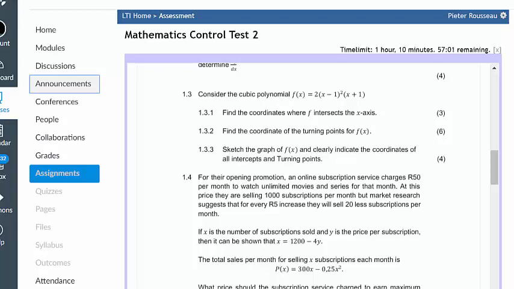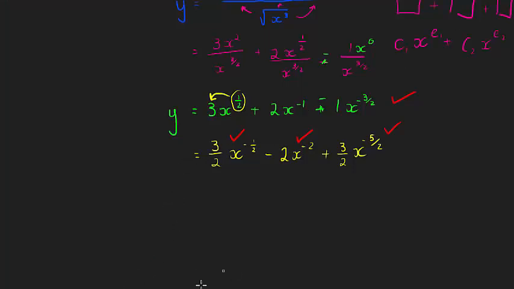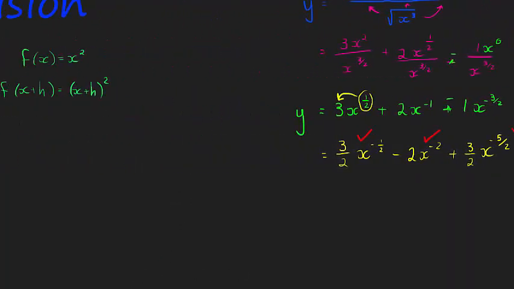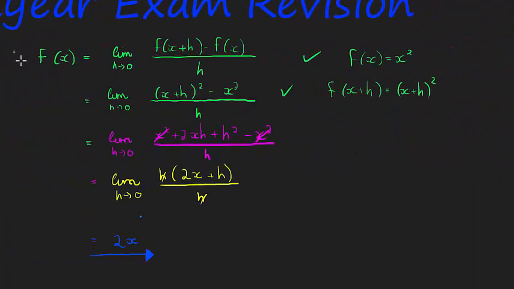Okay, and whenever we find any coordinates for intersection, coordinates intersecting the x-axis, we have to make our y value equal to 0.